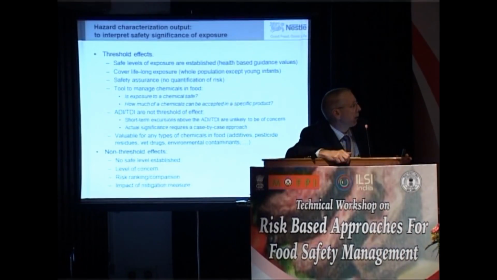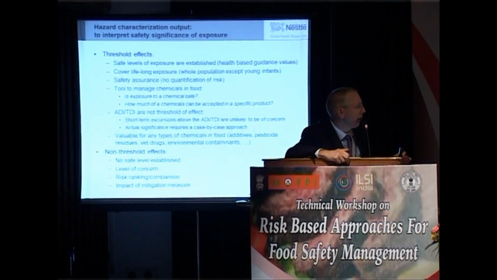So, last slide, hazard characterization. What are the outputs? When we have threshold effects, we have safe levels of exposure which are established. These are health-based guidance values such as the ADI. It covers the lifelong exposure to the chemical, for the whole population except very young infants.